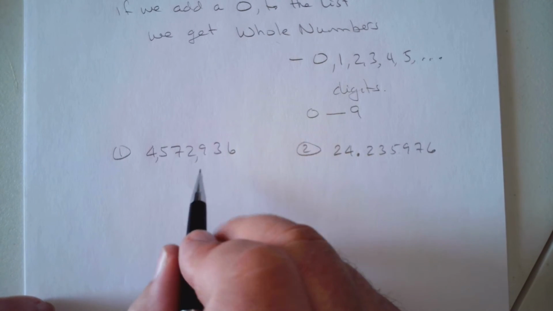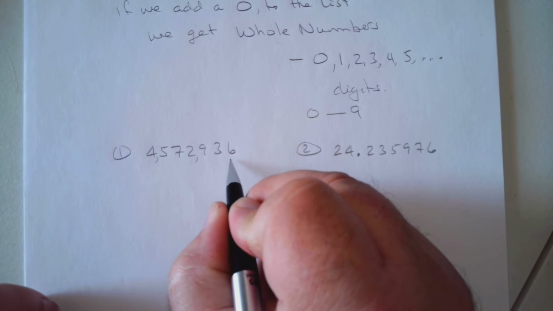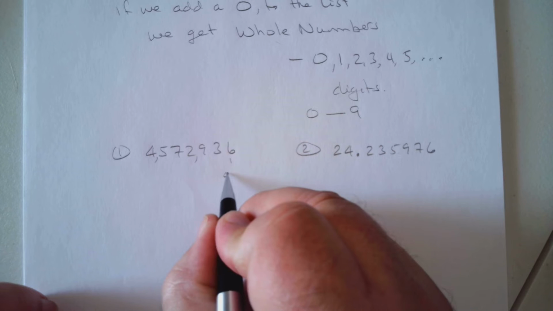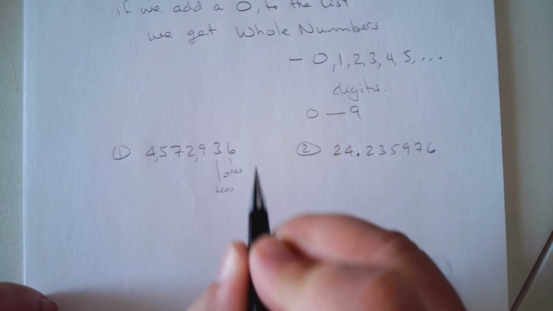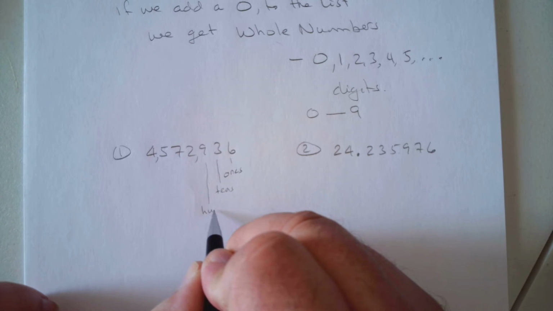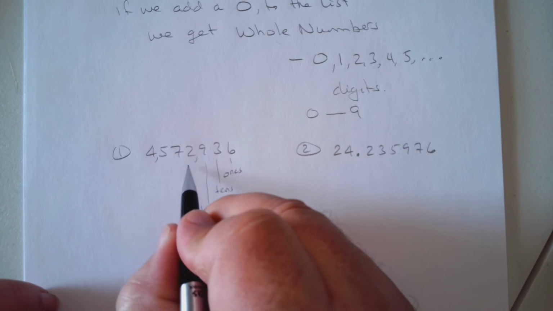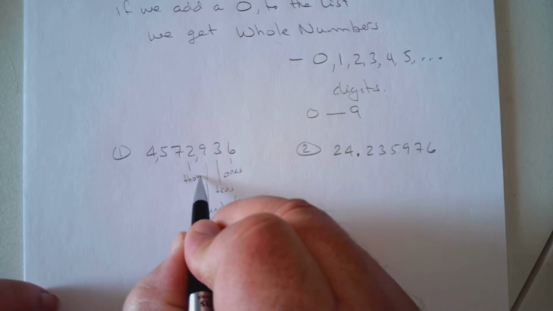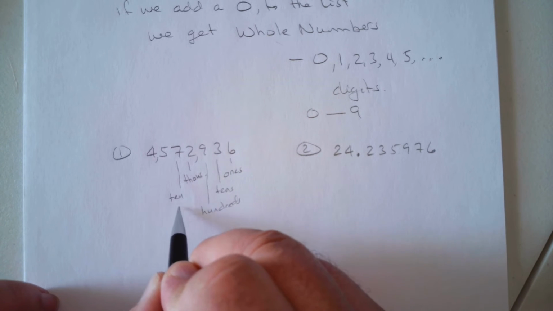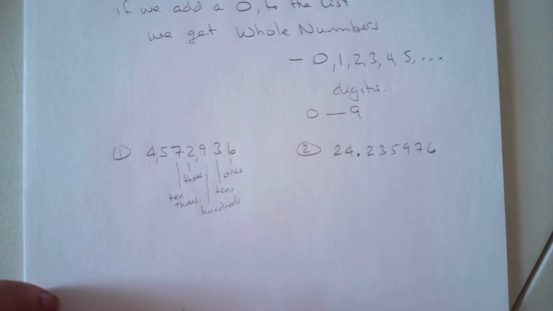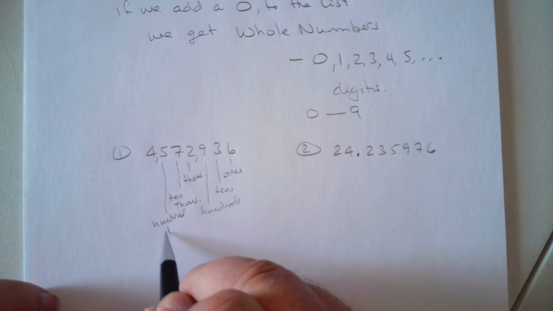If we have just integers, numbers with no decimals, these all have locations. This is the ones. The next one is the tens. Then the hundreds. Then the thousands, then the 10,000s, then the 100,000s.